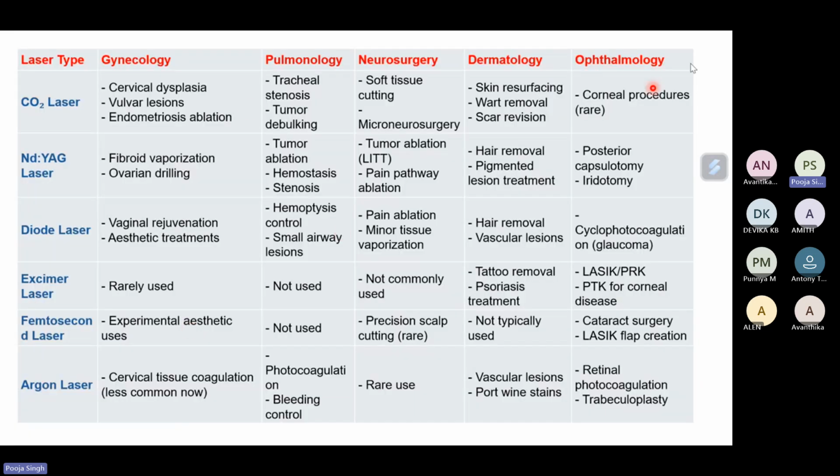Then this is a very important and conclusive slide. Here is the description of everything by laser type: gynecology, pulmonary, neurosurgery, dermatology, ophthalmology, where you can use CO2 laser, neodymium YAG laser, diode laser, excimer laser, femtosecond laser, and argon laser. All are mentioned here.